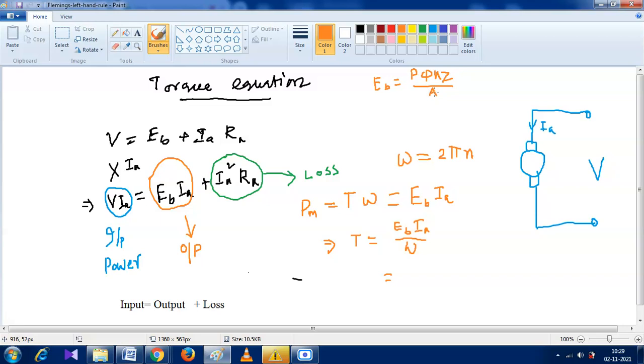If we put that value in that equation, what do we get?